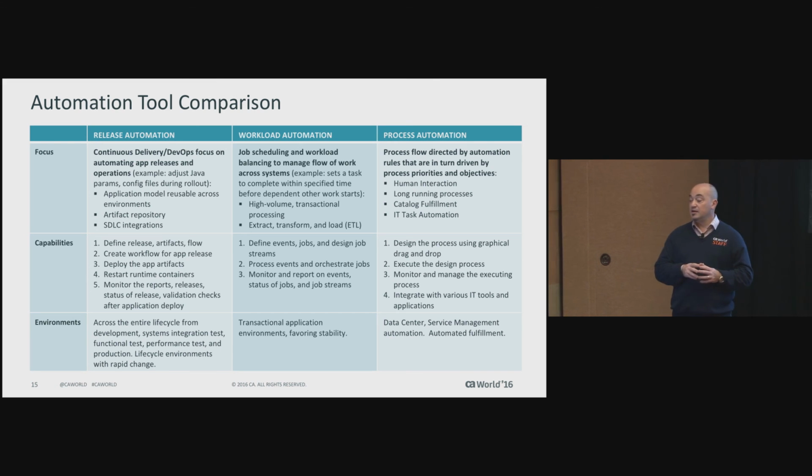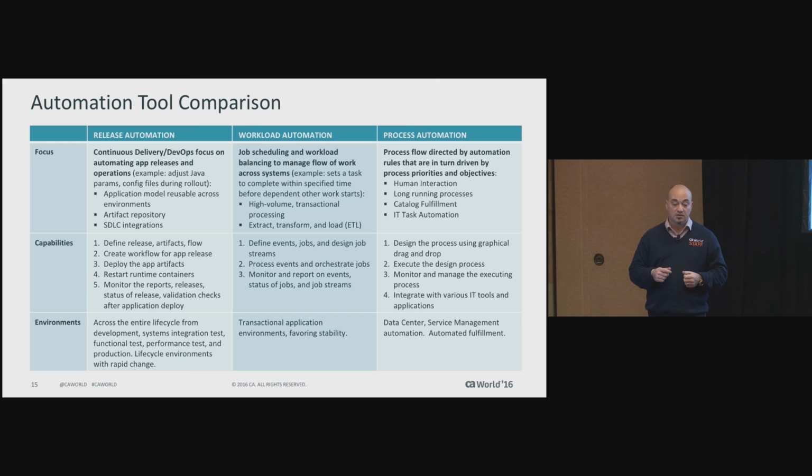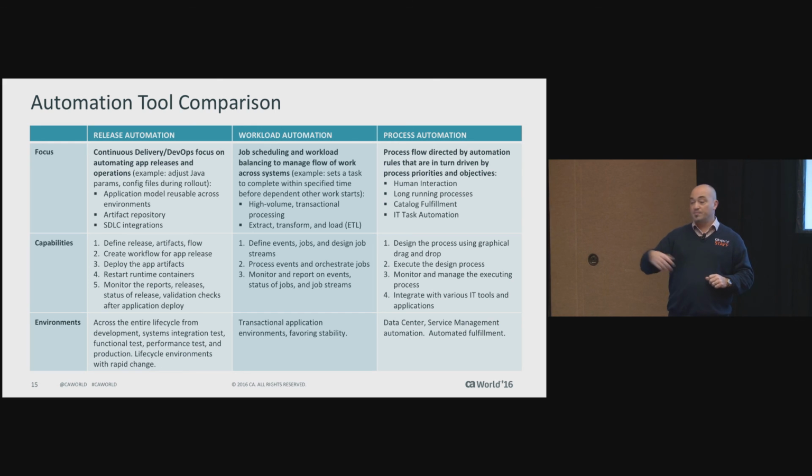Workload automation is for high volume transactional processing of jobs. Typically, things like extracting data from here, dropping it over there, having another job massage the data and then load it up into a database. These type of jobs that happen thousands of times a day is what workload automation is good at. It doesn't have the concept of artifacts, right?